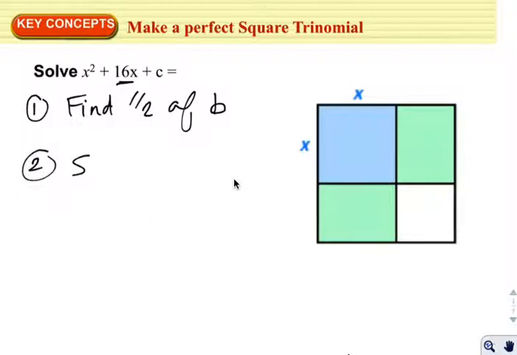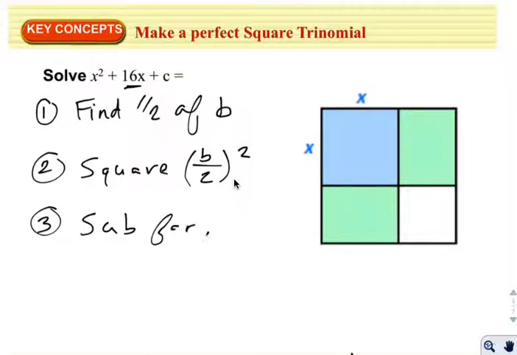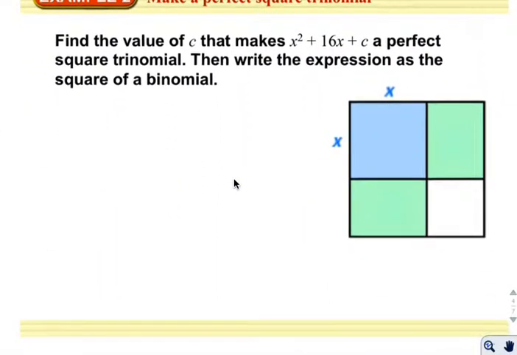Then I'm going to square 1/2 of b. I'm going to take that b over 2, and I'm going to square it. And lastly, I'm going to substitute it for my c value. And I'm going to walk you through this step by step. So I took my b, I divided by 2, I squared it, and then I wrote it in for my new c value.